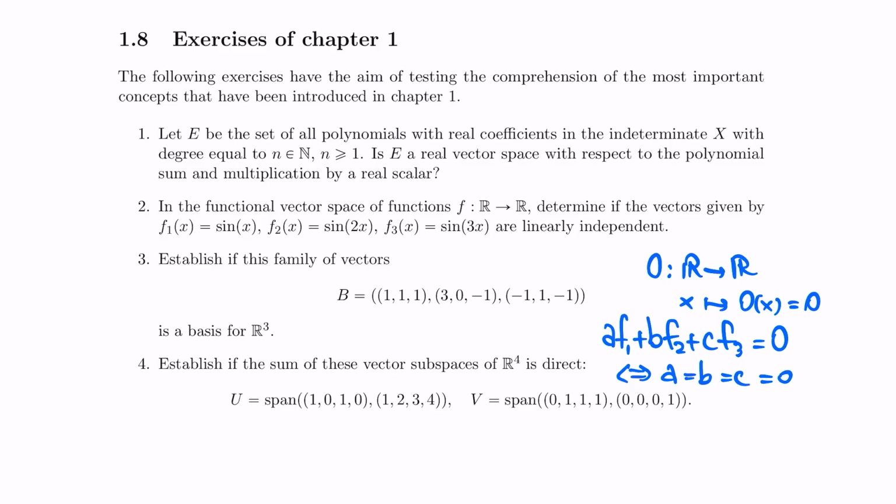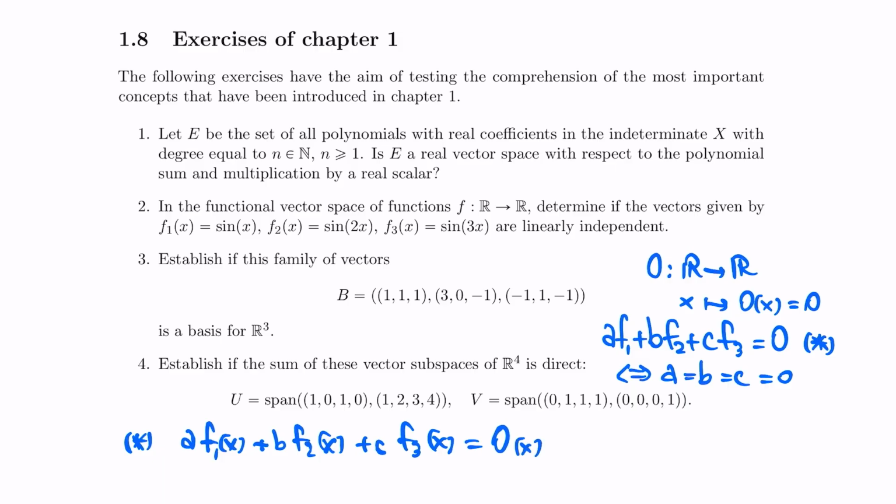Remember now that functional spaces have the pointwise linear structure. So this equation here can be rewritten as this equation: a times f1 of x plus b times f2 of x plus c times f3 of x equals the null function applied to x. But as we saw before, the null function applied to any x in R gives rise to 0.